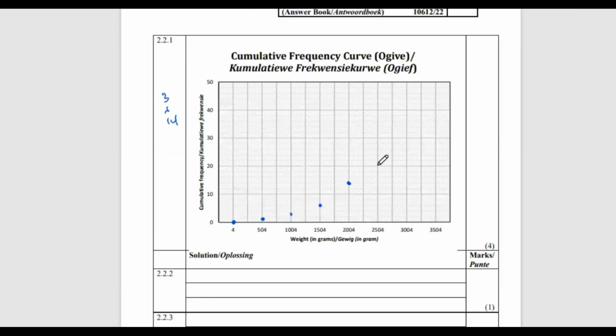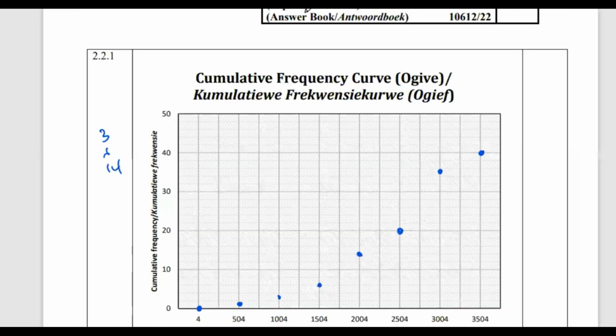So this is a 20, this is a 35, and then we have a 40 somewhere there. All right, and then all you do is just connect this using your freehand, and then you'll have the ogive, or the cumulative frequency curve, as they want it.